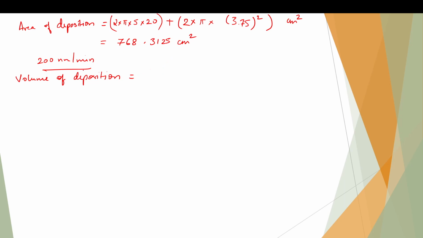So volume of deposition per minute will be 768 times 200 into 10 power minus 7. It will come out to be 0.0154 centimeter cube per minute.